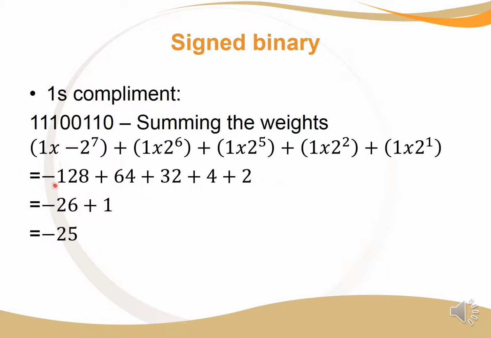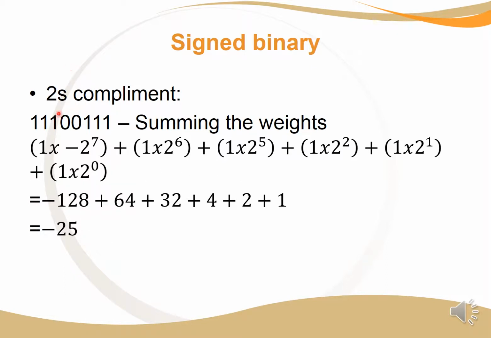So we have minus 120. This will always be minus. We add them all up. And here, because it's ones complement, if we're converting it back, we have to add 1. Very important. And then we have minus 25.